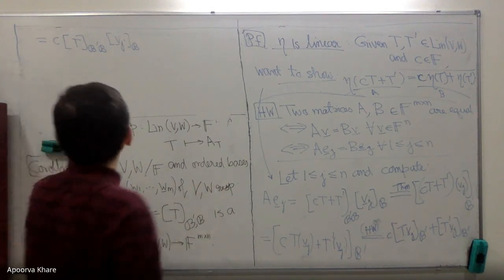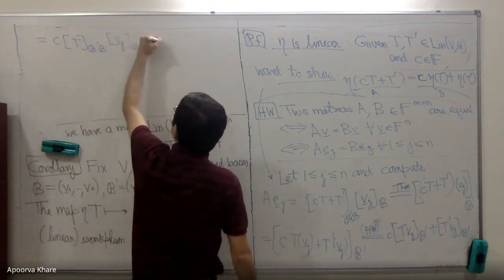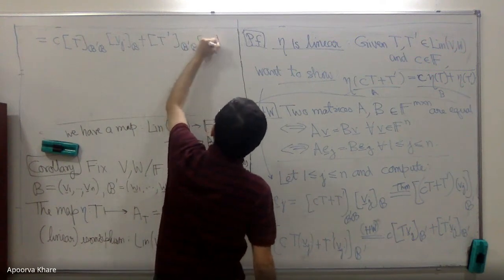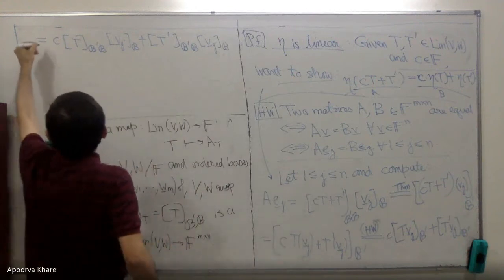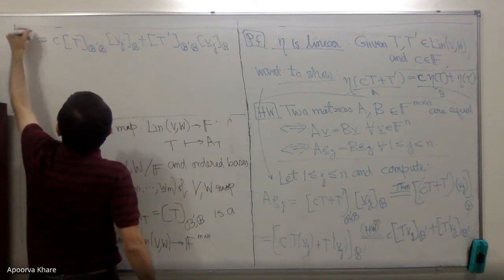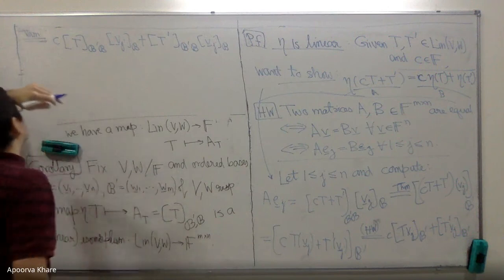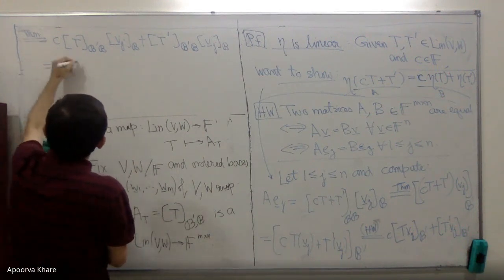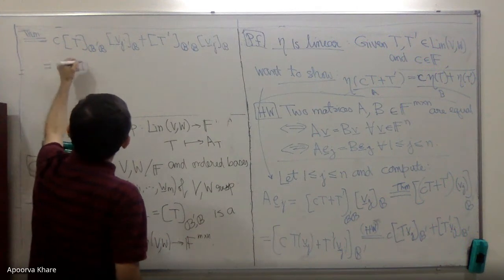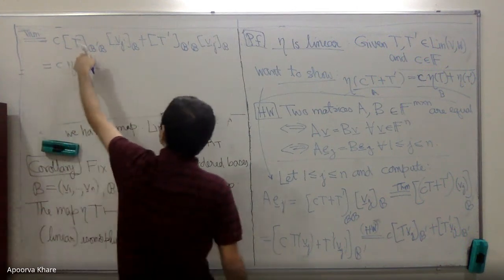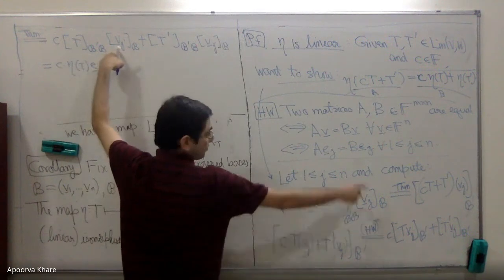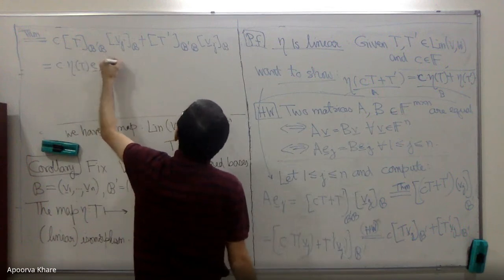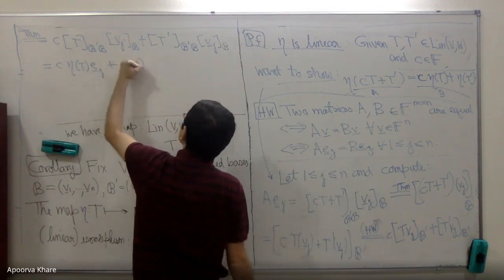Let's just do Vj: Vj b plus T prime b prime b Vj b. That is again by the theorem, but going in the reverse direction. But now, what is this b prime b map? This is exactly eta. So this is C times eta of T, the matrix multiplied by the vector Ej, because Vj was Ej here, plus eta of T prime times Vj.